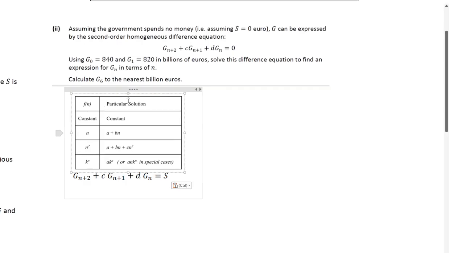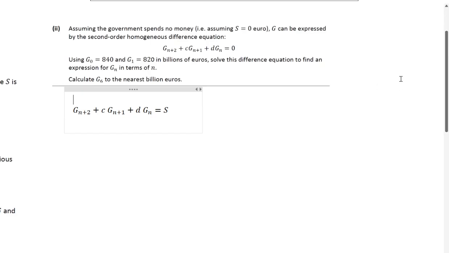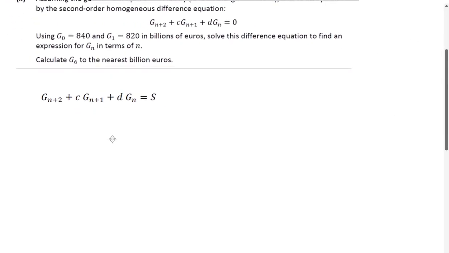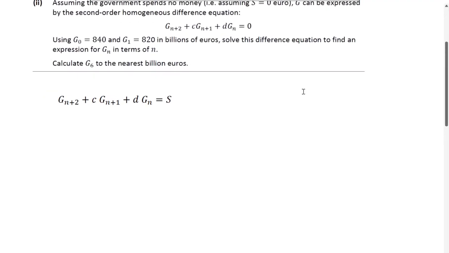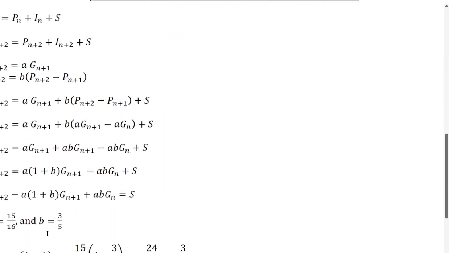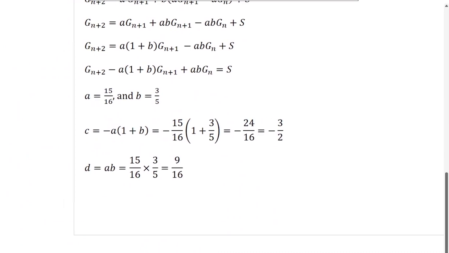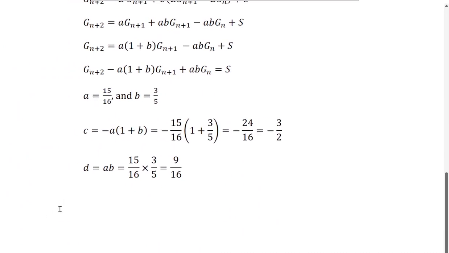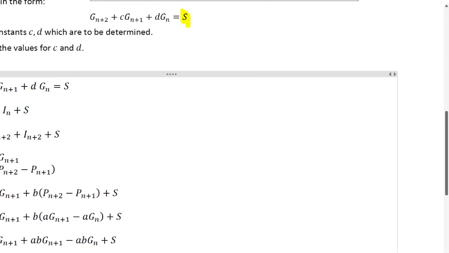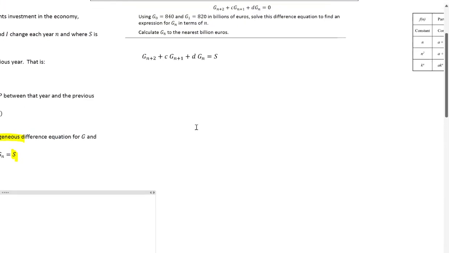Ignore that bit, we're going to see what that is, but that's when we have an inhomogeneous equation. So that's our equation there, and then we have C and D, which according to my solution, which I'm looking at the answers here as well, is correct.